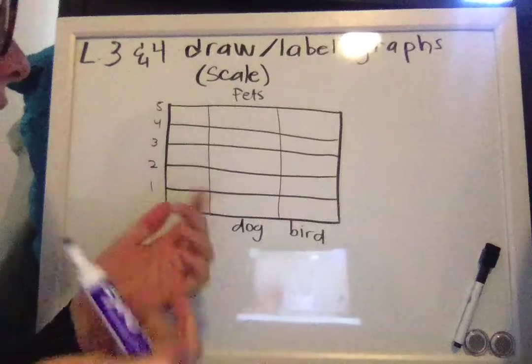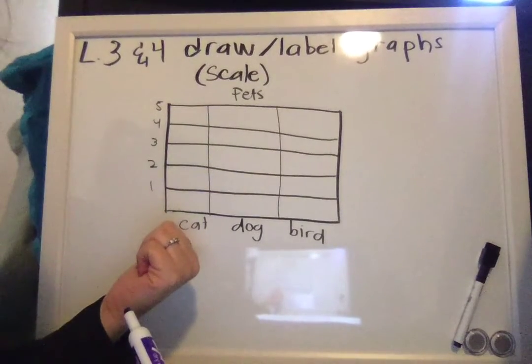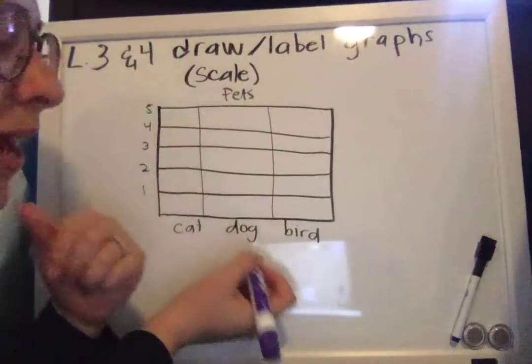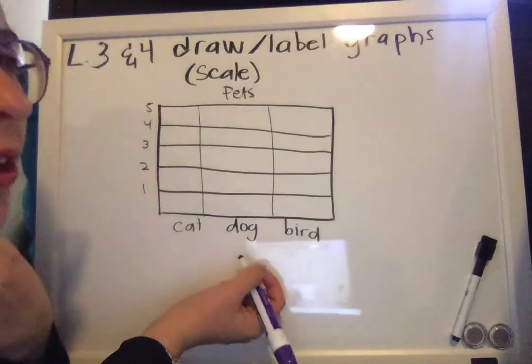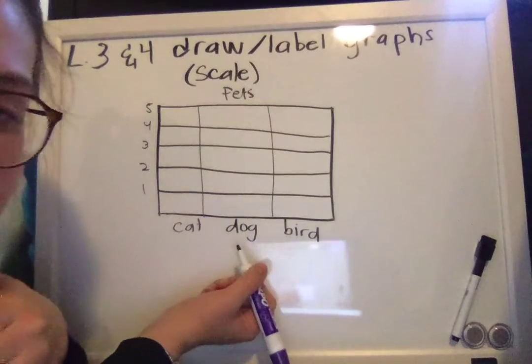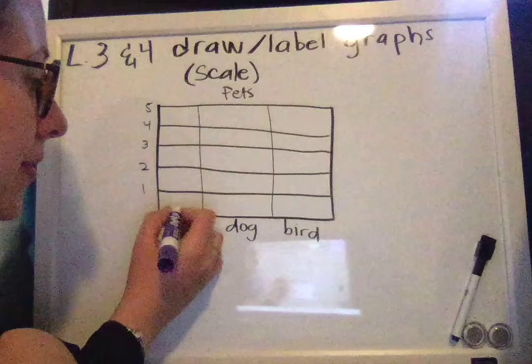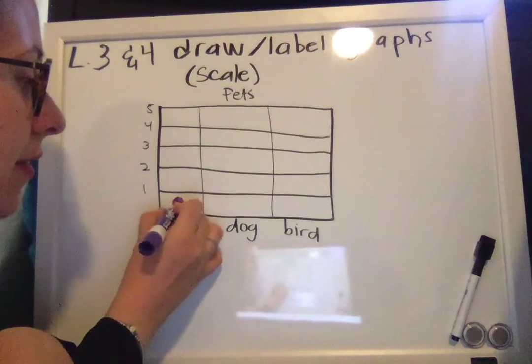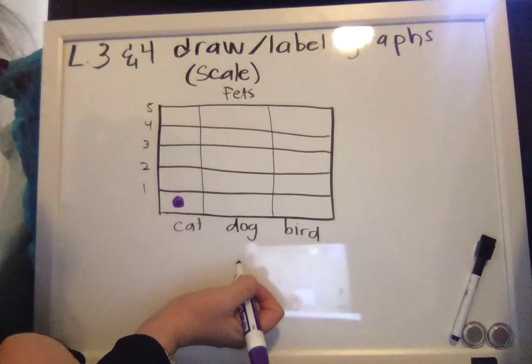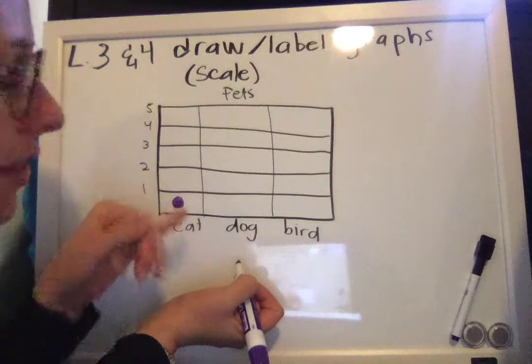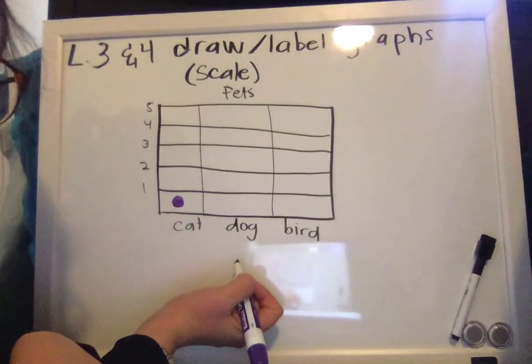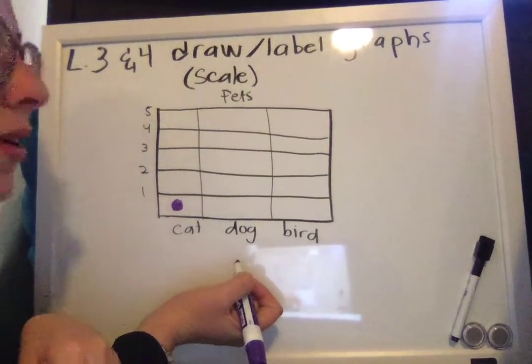If we are graphing this, you've seen now in your notebooks that you don't have to color in the square. Maybe you decide to do a circle, and that means that you filled in that box. That one person wanted a cat as a pet at home, okay?